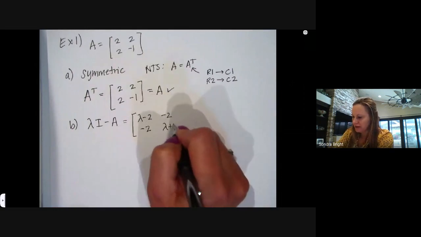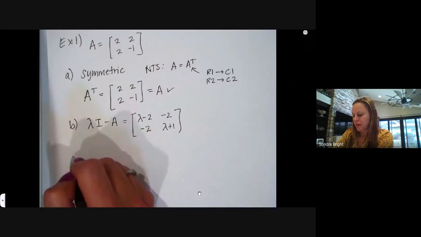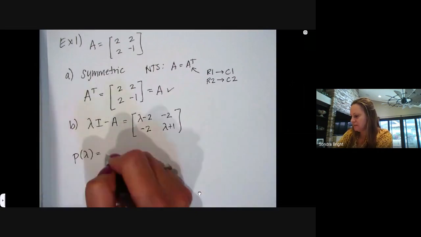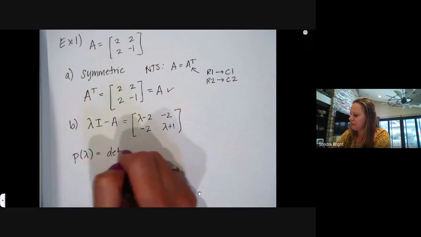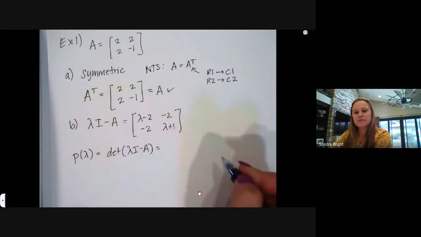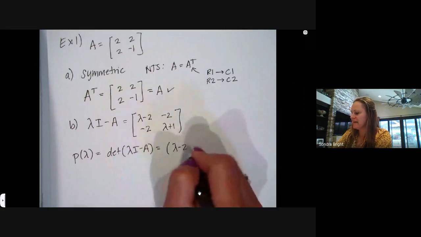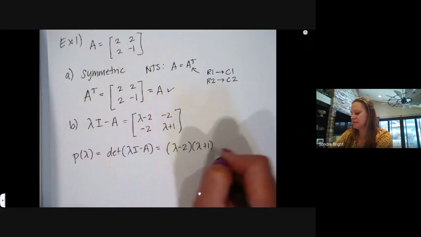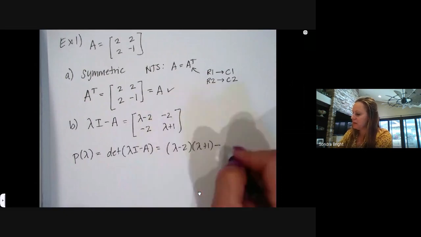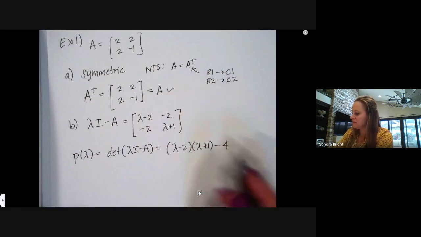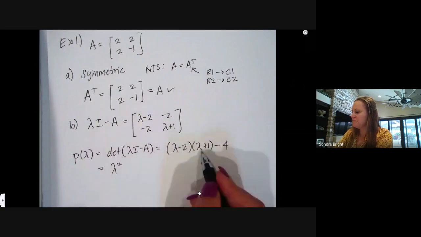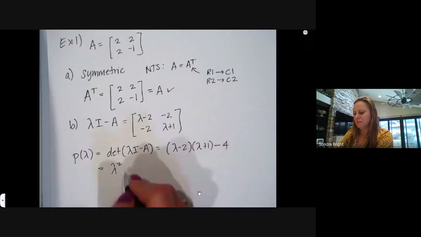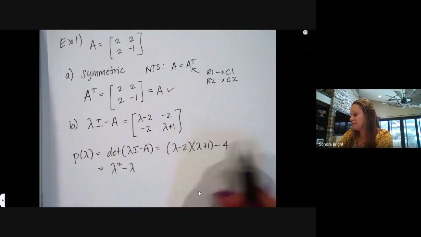Your characteristic polynomial will be the determinant of this, which will be lambda minus 2 times lambda plus 1 minus negative 2 times negative 2, so that's a positive 4. When you multiply those out, you'll get lambda squared plus 1 minus 2, so a minus lambda, minus 2 minus 4, so minus 6. Well, that factors as lambda minus 3 times lambda plus 2.